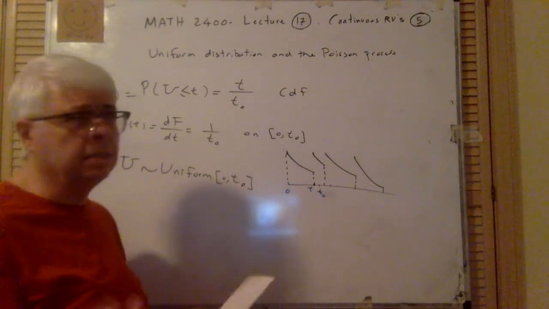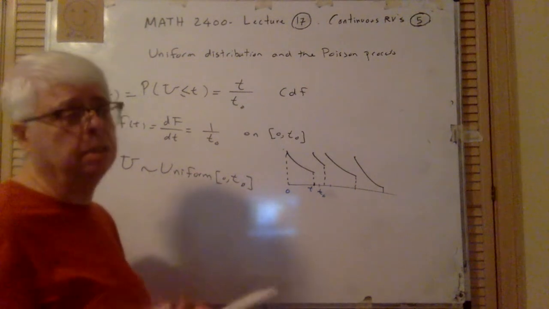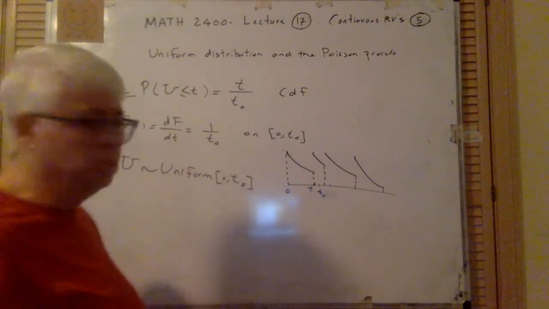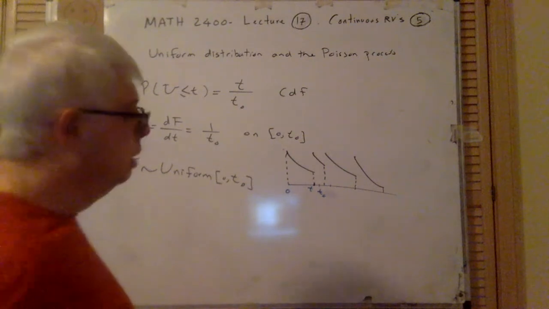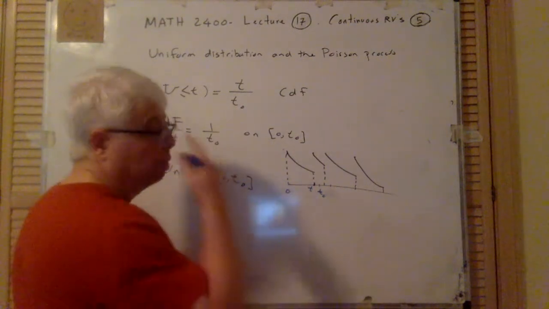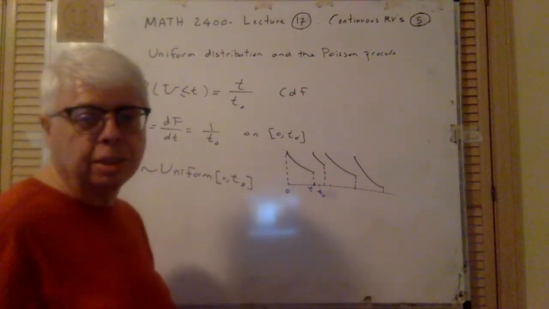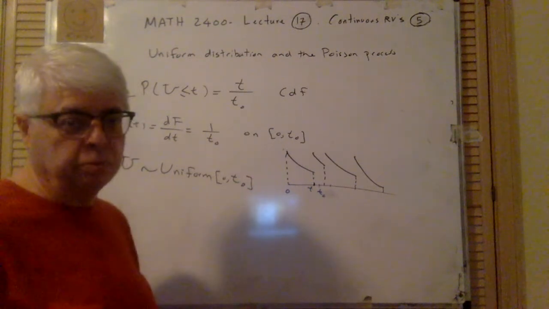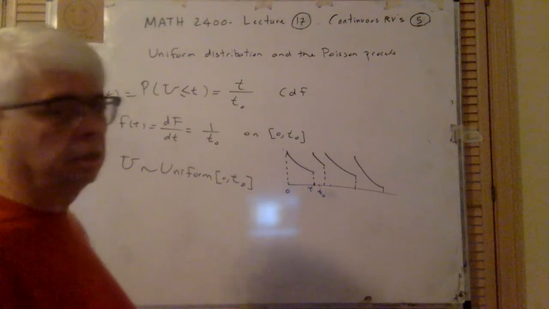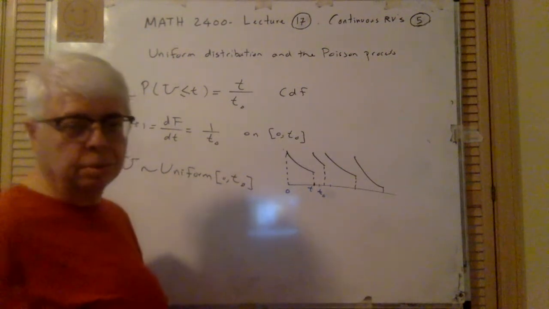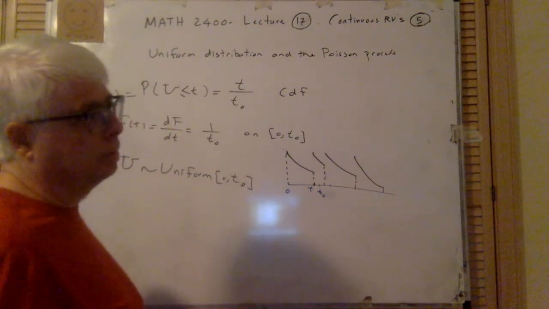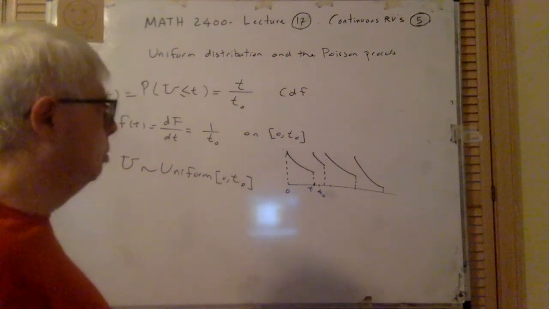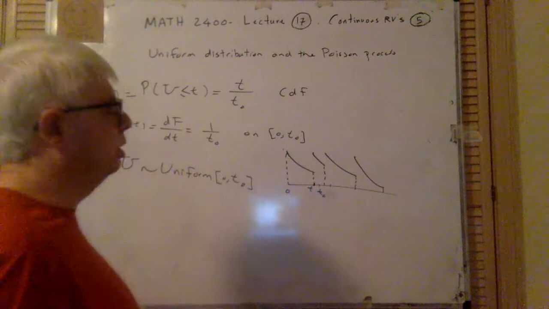In a sense, it's saying he can arrive at any moment in this interval. Remember, uniform was like choosing a point in this interval. So this guy can arrive any moment between 0 and t0, if we know there's just one person arriving. That makes sense. You cannot say he will arrive at this time. No, just any time. Remember, uniform distribution was in fact that.